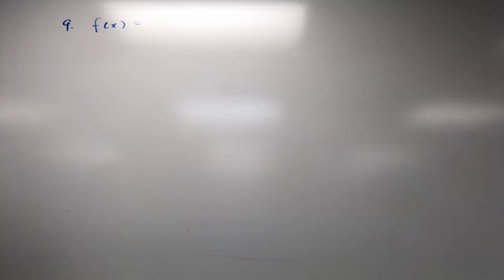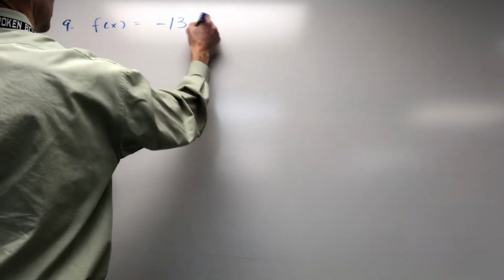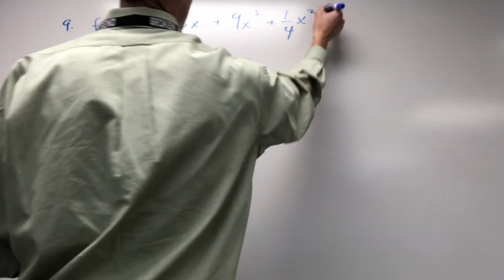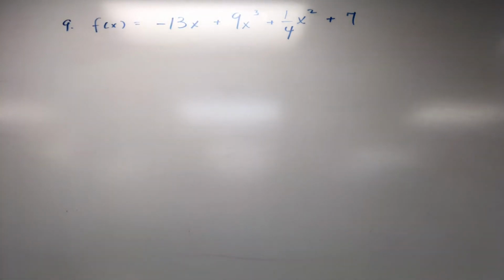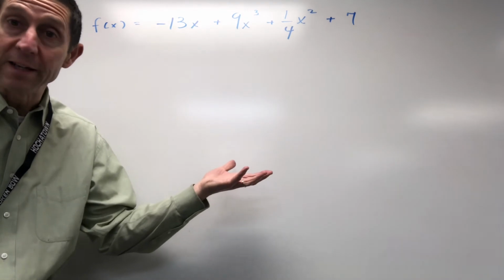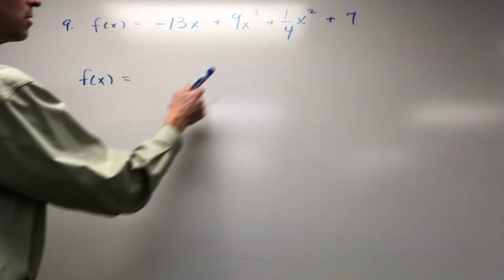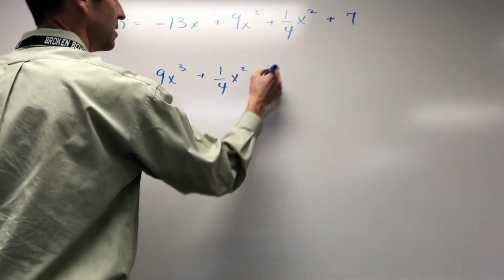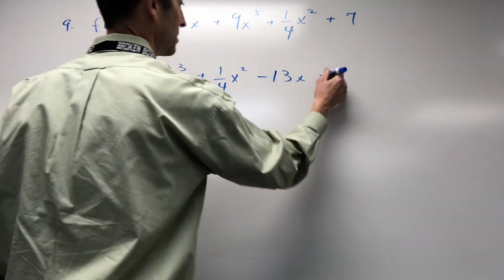Let's do one more of those. Okay, so we get this function, and of course the order's all crazy. So reorganize, get it in descending order. 9x cubed is first, 1/4 x squared, minus 13x plus 7.